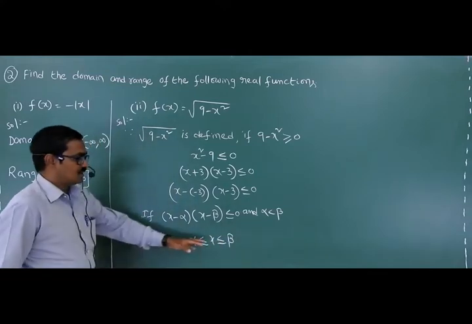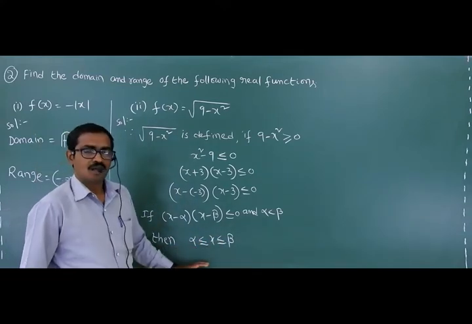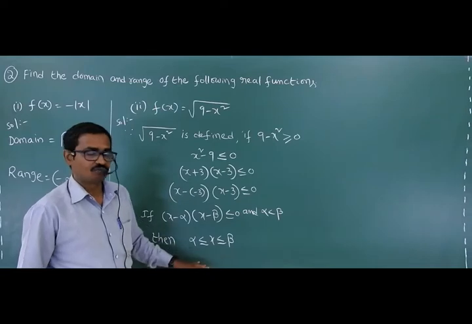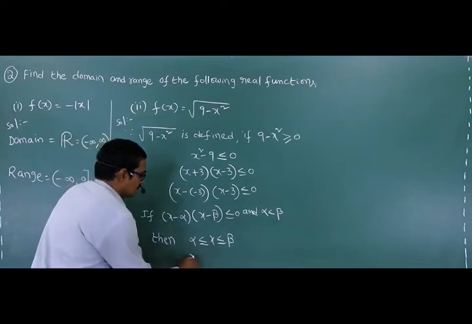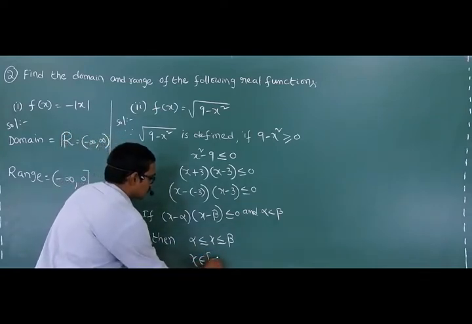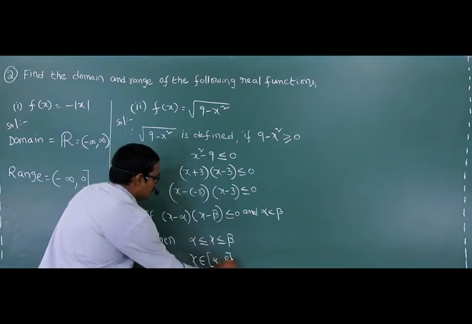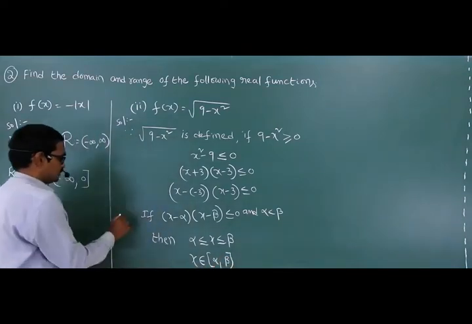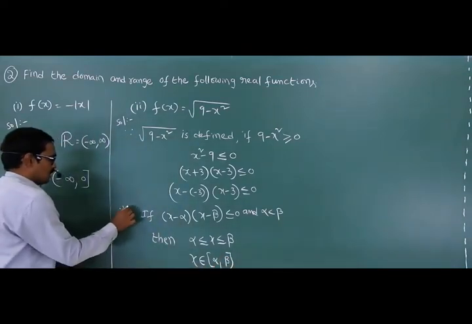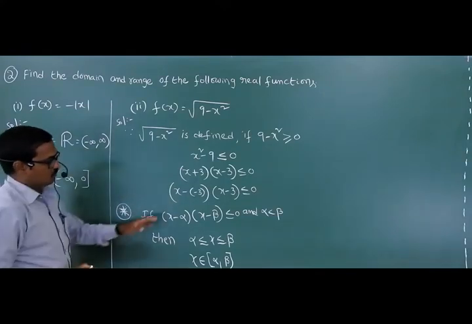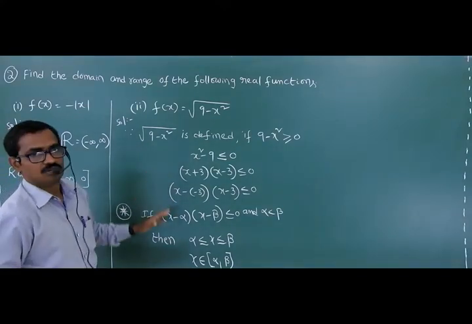That means the x value lies between alpha and beta, including the extreme values. This can also be written as x belongs to the closed interval alpha comma beta. This is a useful formula, and by using it we can find the domain of this function.